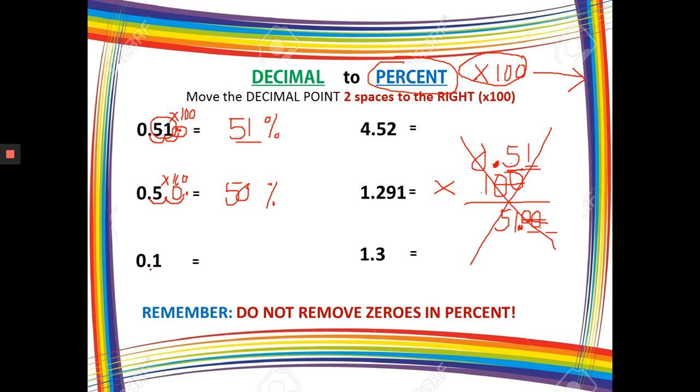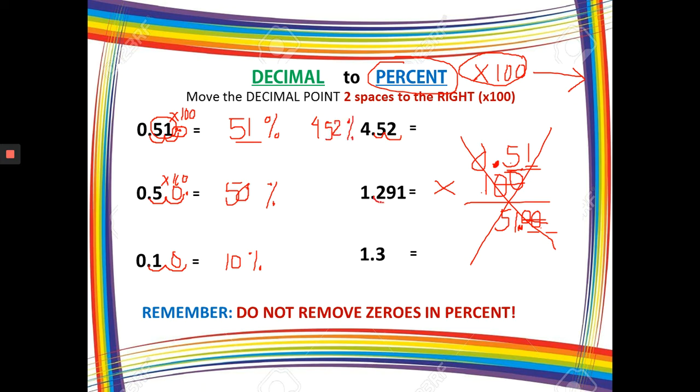So the same with here in 0.1. Let's move 2 spaces to the right because we multiplied by 100. So that is 10%. All right, so we do the same here. Move to the right, 1, 2. So that is 452%.